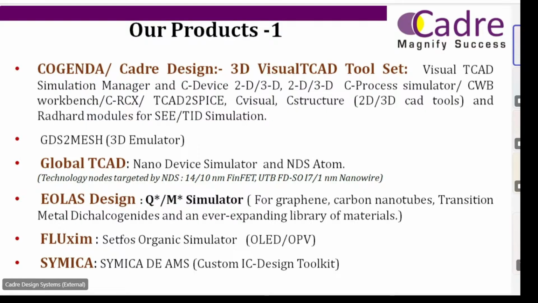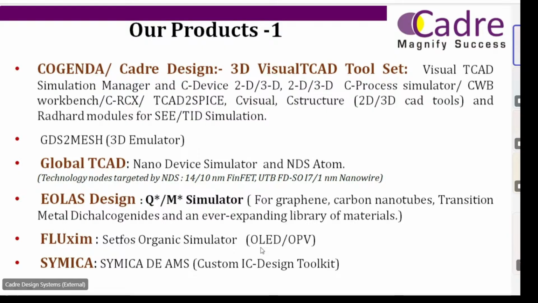So if you want to make a heterostructure using graphene or CNT, like an interface of graphene with any other 2D material, it is able to simulate that kind of structure. This is purely an NEGF simulator. Then for organic devices, we have a simulation software named SetPOS. It is useful for OLEDs and for organic photovoltaic simulations.